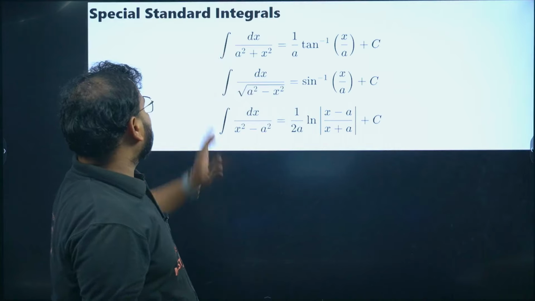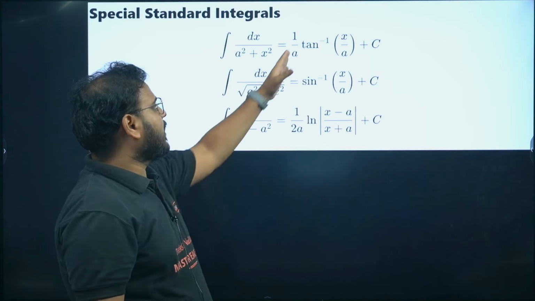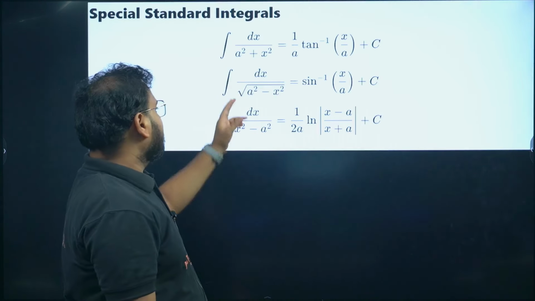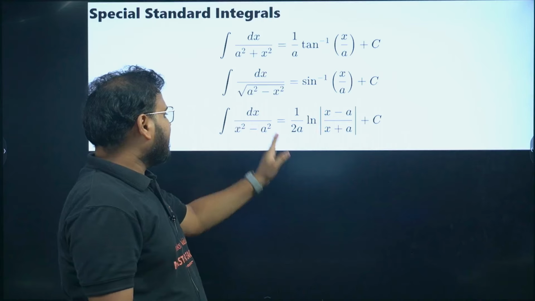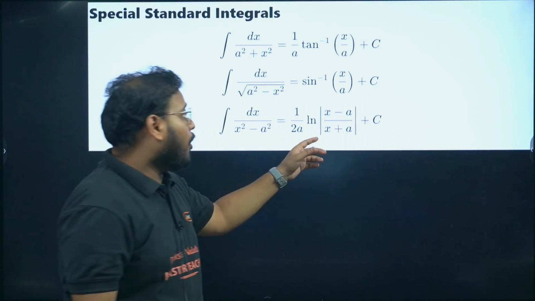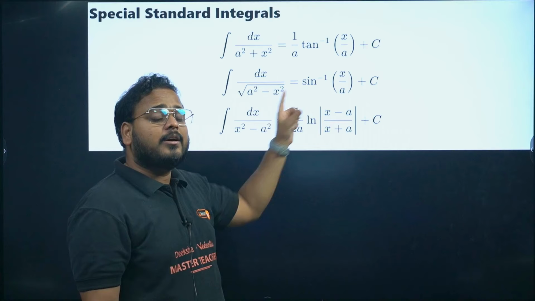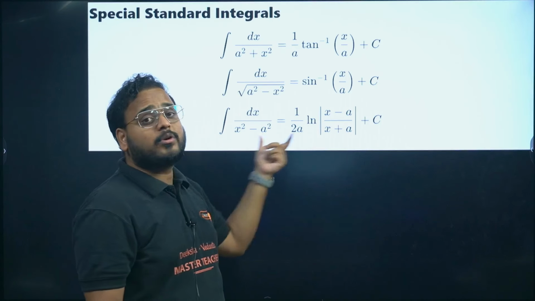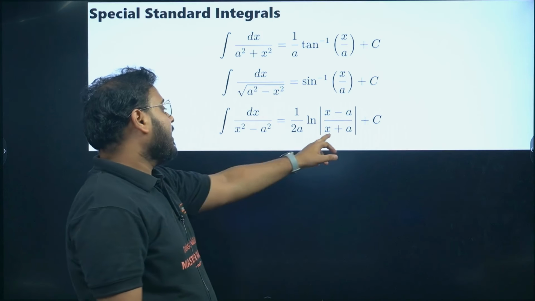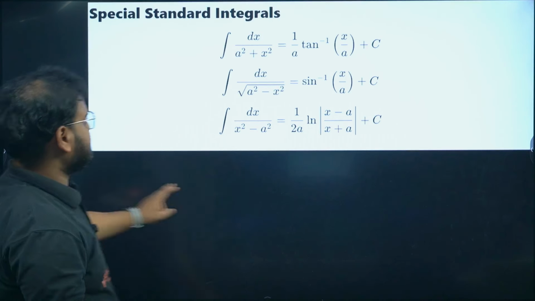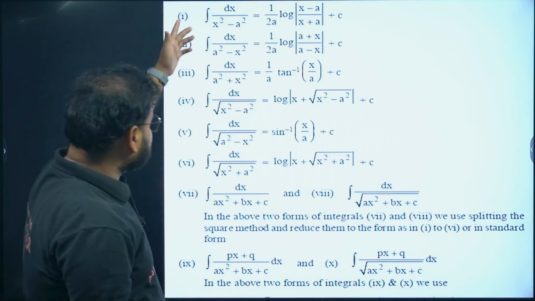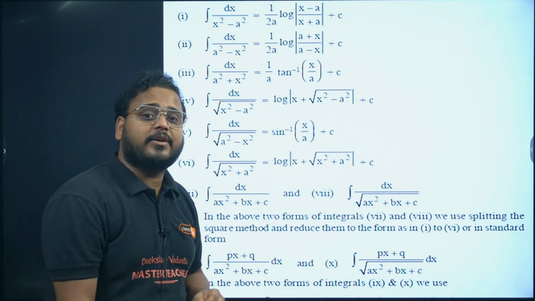Here we have some standard integrals: a square plus x square in terms of tan inverse, a square minus x square in terms of sine inverse, and x square minus a square in terms of log. For a square plus x square, it is tan inverse. If you have a root with a negative sign, you have sine inverse, and if you have it without the root, it is log of (x minus a) upon (x plus a). So you have to remember the formulas. Again, a list of particular functions is given over here.